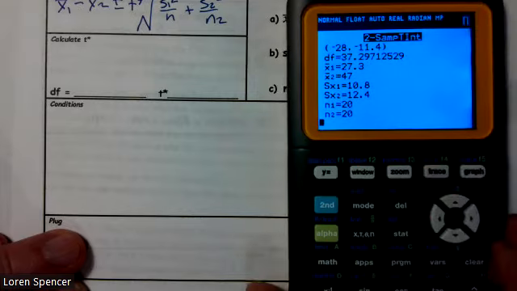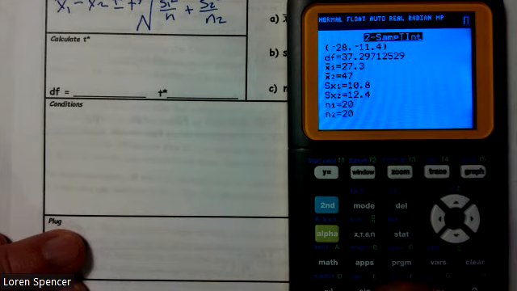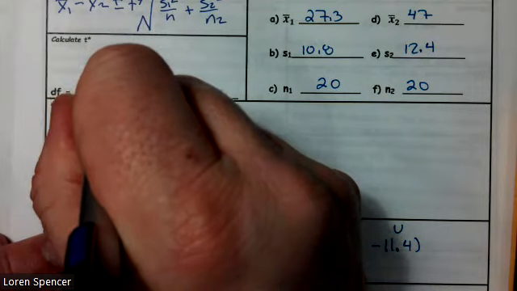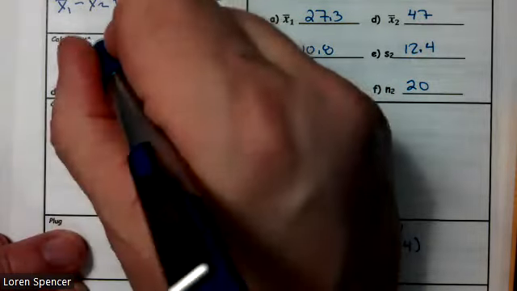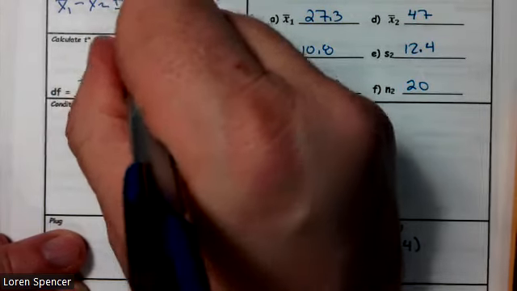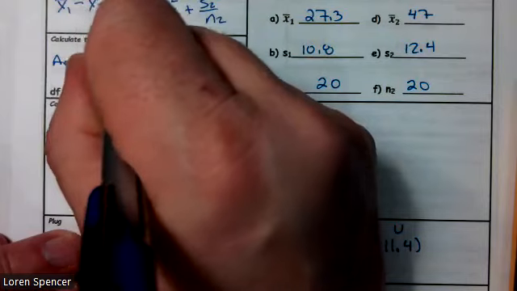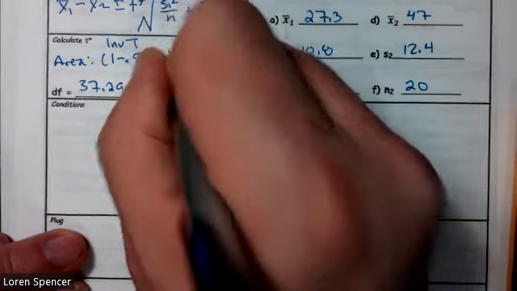All right, when we did that, the reason we ran it is we needed the degrees of freedom. So our degrees of freedom is 37.29. At this point, I can start working on my calculation. This is going to be an inverse T, and it's going to ask for my area, which is going to be 1 minus 0.97 divided by 2.